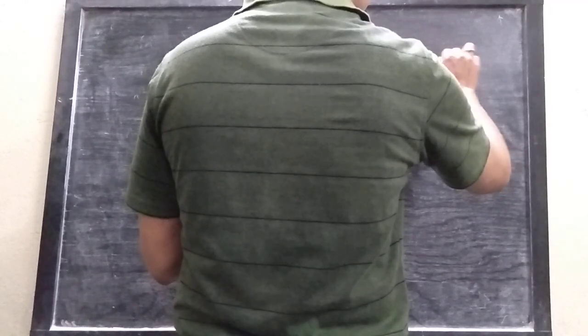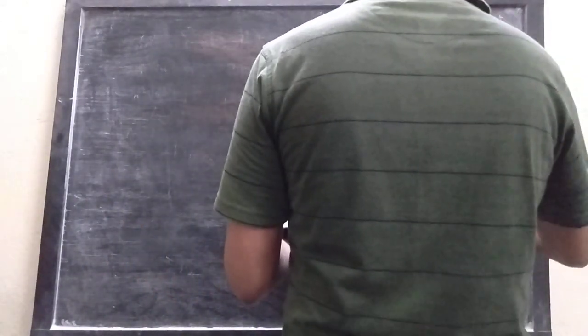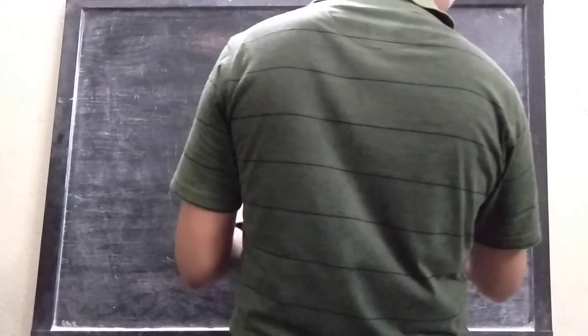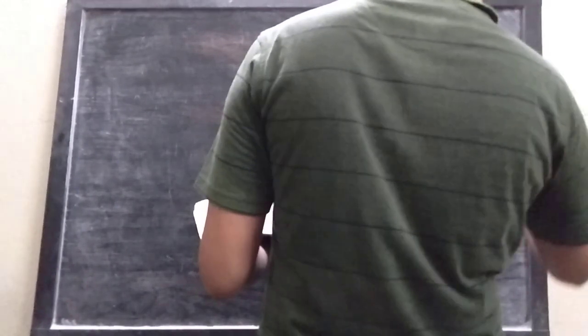Circle. Suppose this is the circle. This is the point (4, 3). The circle passes through, say A, whose coordinates are (minus 2, 1), and touches the straight line.